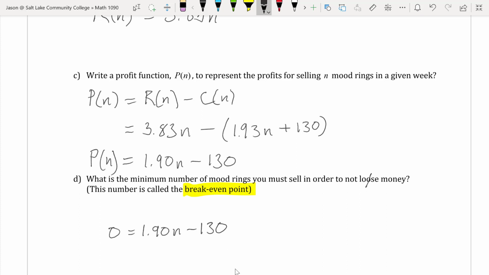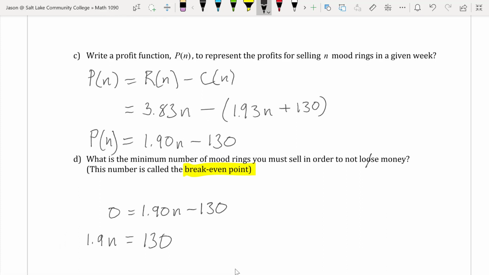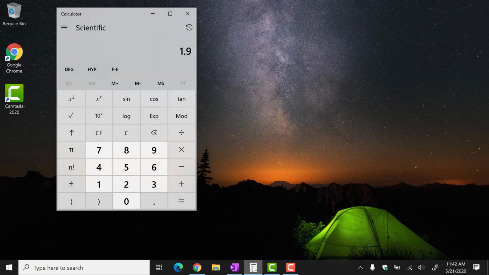Or in other words, we need to solve 1.9n equals 130. So divide both sides by 1.9 and we get n is equal to 130 divided by 1.9. Okay, what is that? I think I'll use the calculator again. 130 divided by 1.9 is about 68.42.